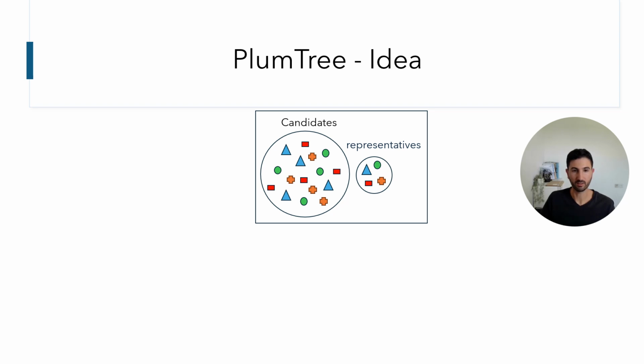In that example, we have 4 eviction sets, such that each color and shape represents a different eviction set. The representatives group has at least one address that corresponds to each eviction set. The idea is to divide the candidates and the representatives into 2 halves, such that each half corresponds to the other.